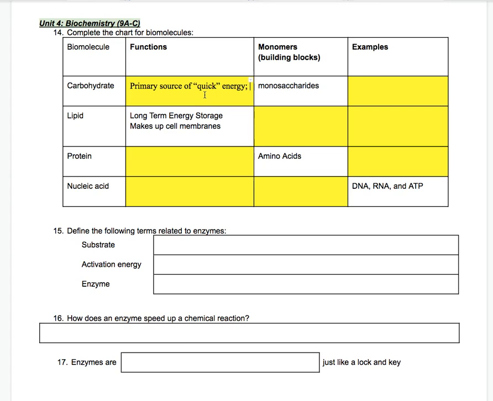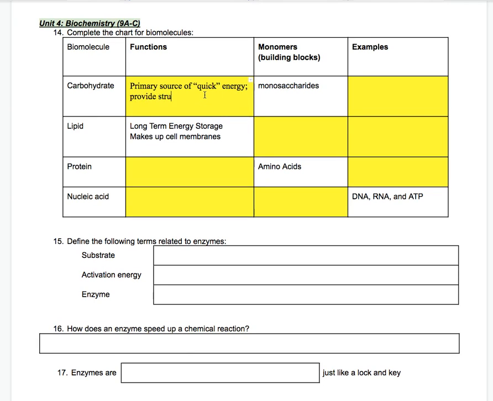It's also going to help provide structure for a plant. So carbohydrates are the primary source of quick energy, and underneath that you can see that lipid is the source of long-term energy storage.